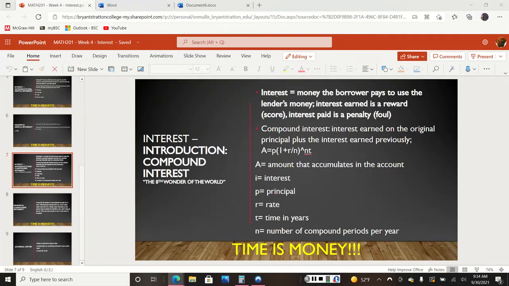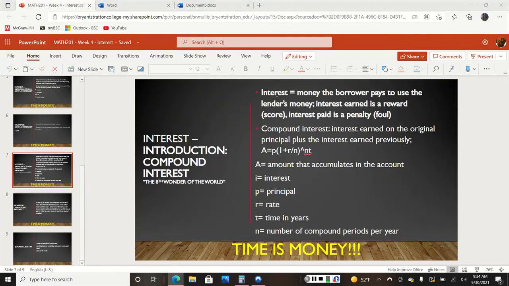And the equation to calculate compound interest is A equals P times, in parentheses, 1 plus R over N, end of the parentheses, and then exponent NT.